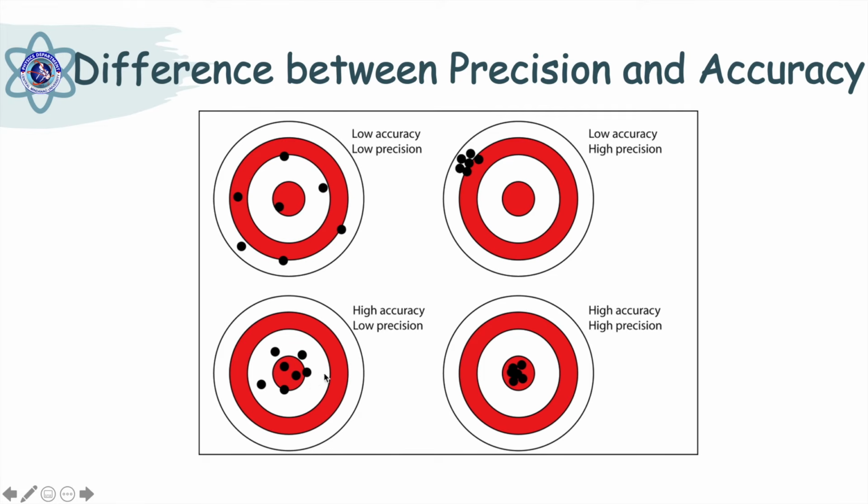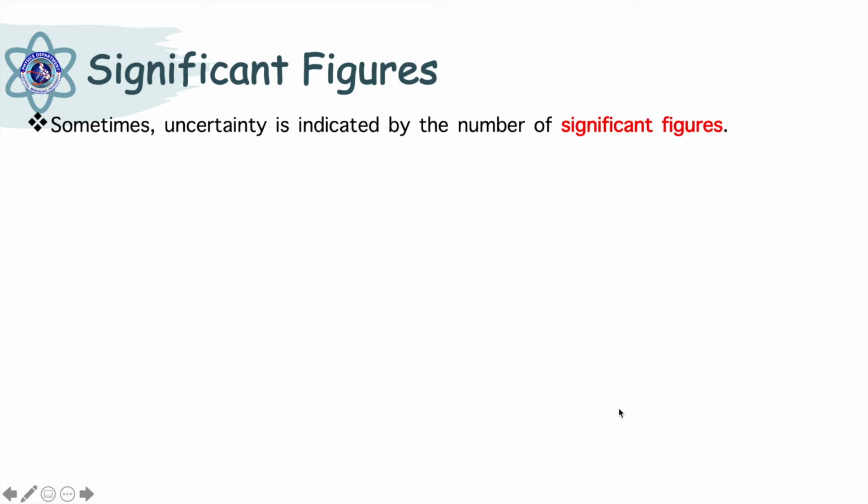So it has high accuracy and low precision. And lastly, the last case, it could repeat itself at the center, so it has high accuracy and high precision. So take note also that sometimes uncertainty is indicated by the number of significant figures.